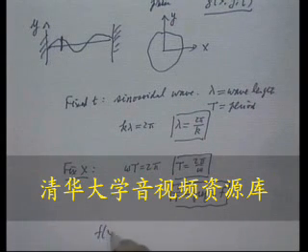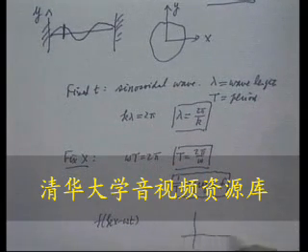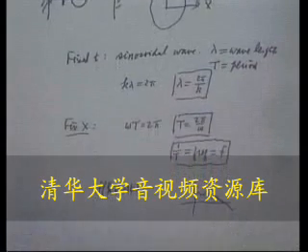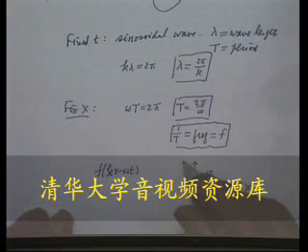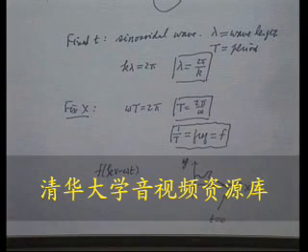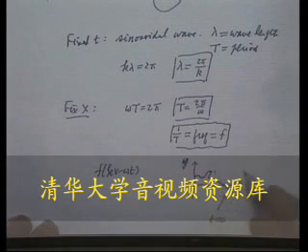Suppose we have f of kx minus omega t, some arbitrary function. This is x, this is y, this is f, at t equal to 0. Now I increase t a little bit, then this point would move forward.